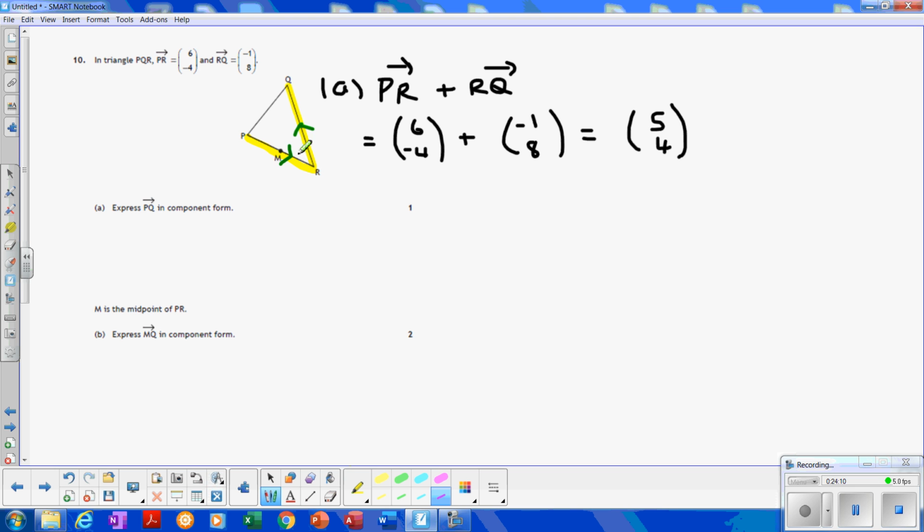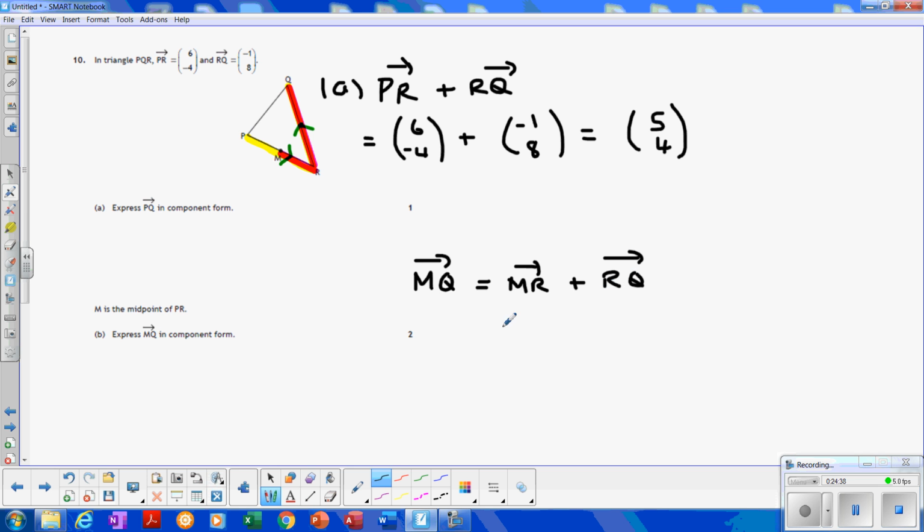I'll choose a different colour and we'll see if we can find a route that takes us from M to Q. Right, so from M to Q, I could go from M to R, and then from R to Q. So if we write that down, MQ: I'm starting at M, I've got to go from M to R, then I will go from R up to Q, so that's plus RQ.